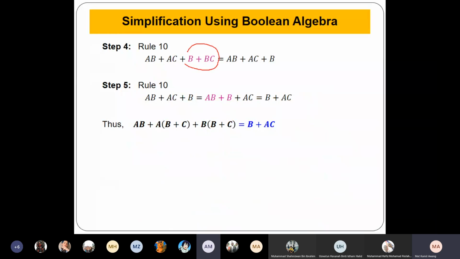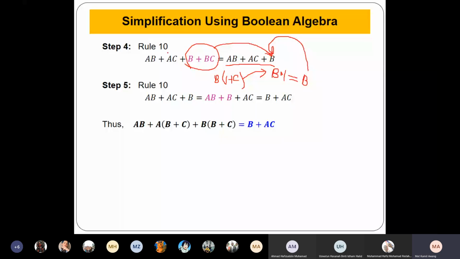Here, B plus BC is basically B(1 + C). So this is equal to B dot 1, which is equal to B. So now from 4 terms, you reduce to 3 terms.